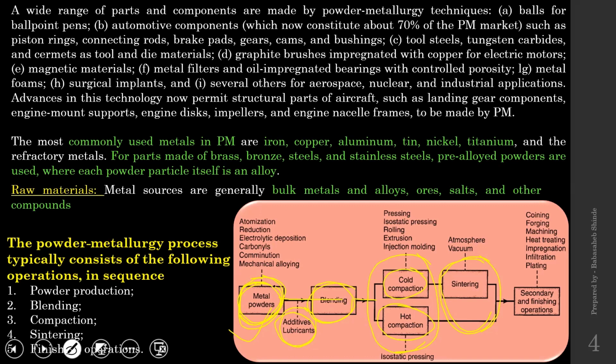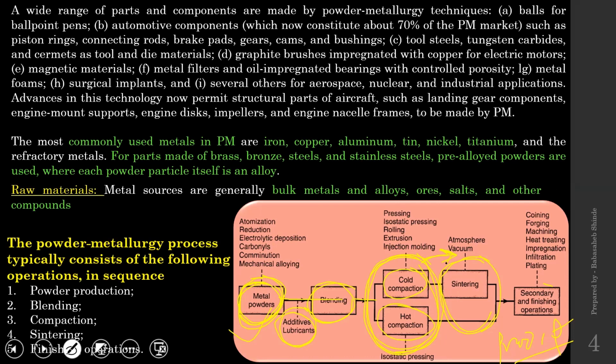And at the end of sintering, you will get the final product with the properties that are better compared to the green product, the product that you have obtained after the compaction. When it undergoes sintering, the properties are going to be enhanced.